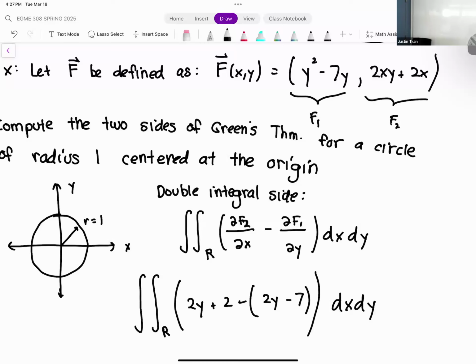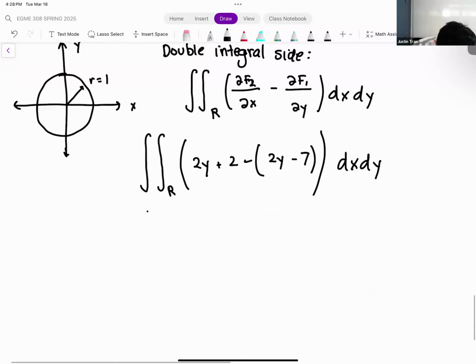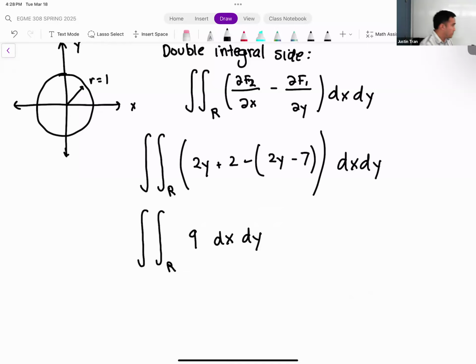So this, of course, is going to simplify. The two y's are going to cancel out, and we have 2 minus 7 subtracted, which gives us a positive 9. And so we have just integration of a constant here, which is quite nice, because now that constant can just factor out.